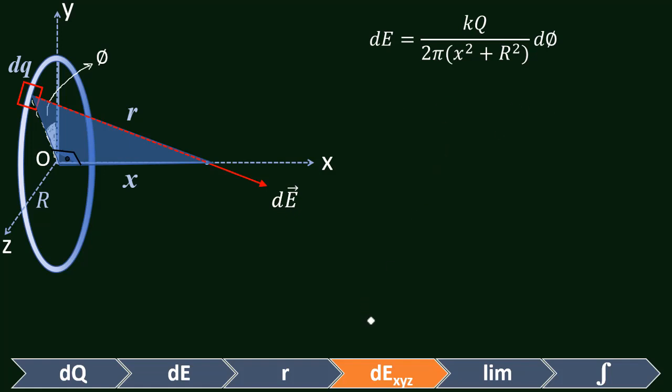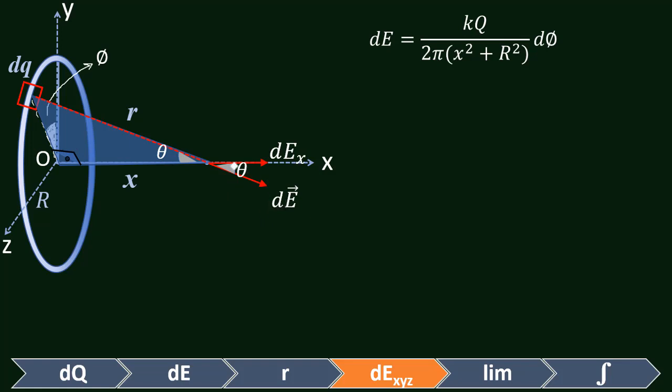Now our next step is to define the components of this electric field vector, dE. So let's define this angle theta, and the same angle theta is going to be in this triangle that we defined earlier. All right, so we can use this triangle to write a sine and a cosine expression for theta.